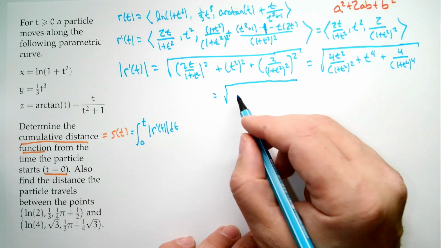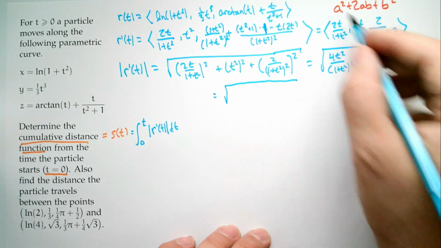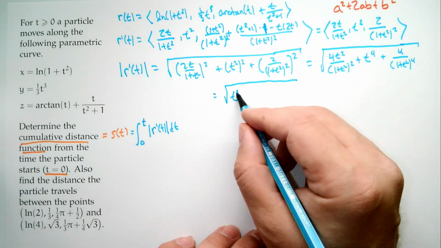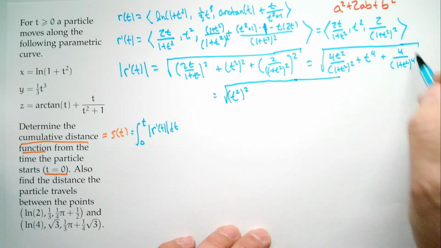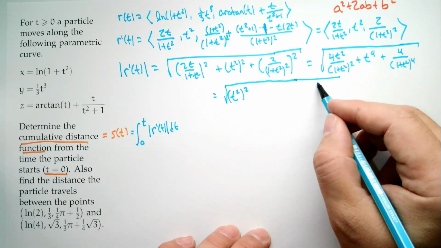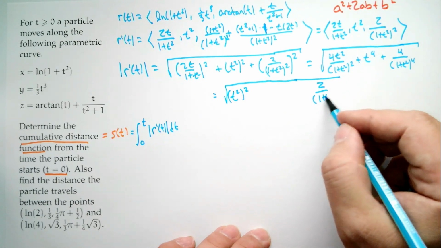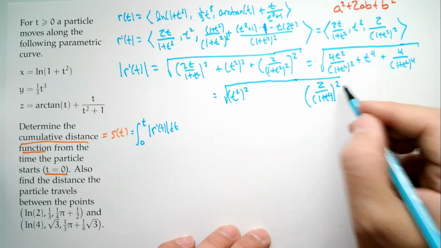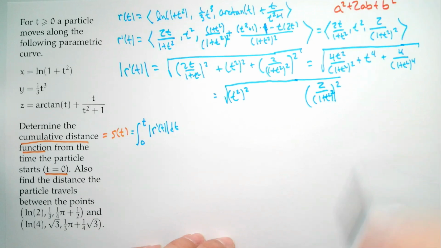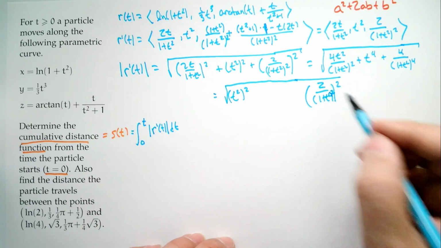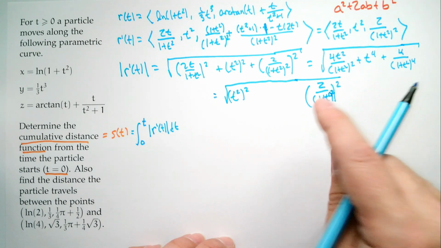If we're thinking of this first one as our a squared, that would be t squared, squared. And then if we think of this as our b squared, that would be 2 over 1 plus t squared, squared. Oh, sorry, there's a square there as well. Lots of 2's here. This is a very 2-y problem. All right, then what would be the middle term?